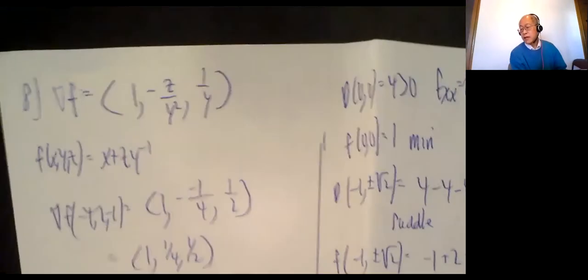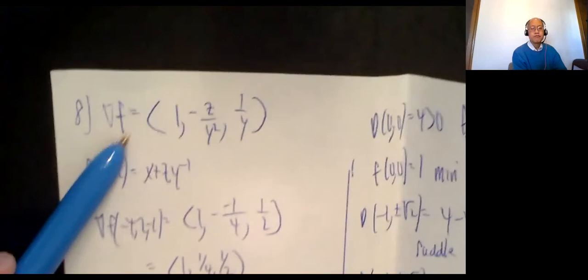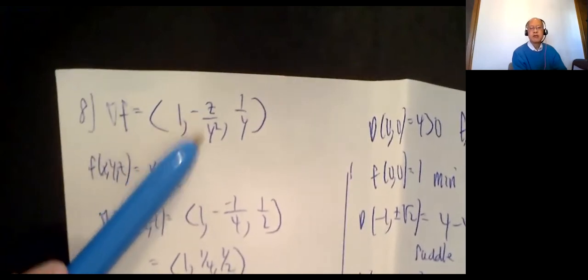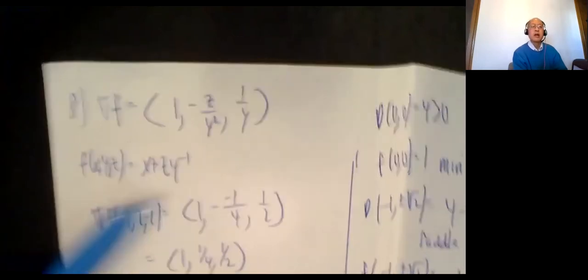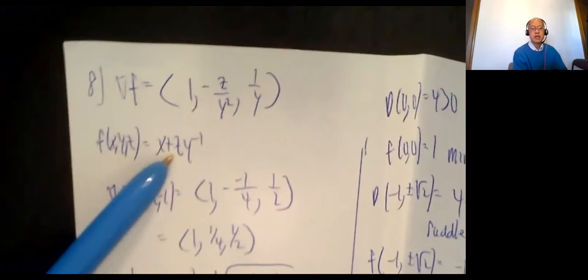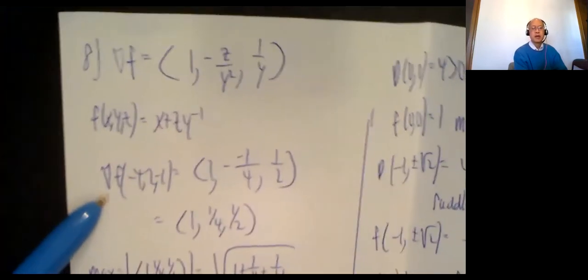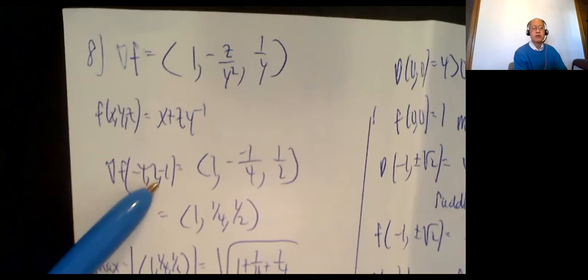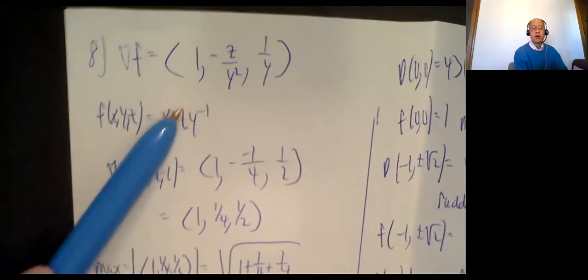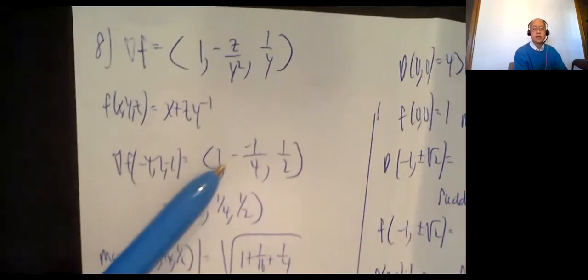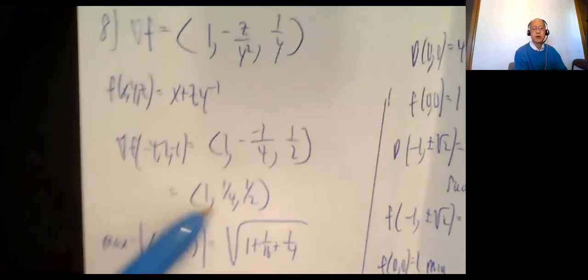Okay, 8. Find the maximum rate of change of the function at (-4, 2, -1). So I find the gradient. It comes out to be 1, negative z over y squared, 1 over y. F of x, y, z is x plus z over y, z y to the negative 1. And del f at (-4, 2, -1): so I plug in. 1, negative z over y squared is negative of negative 1/4, or 1/4, and 1 over y is 1/2.